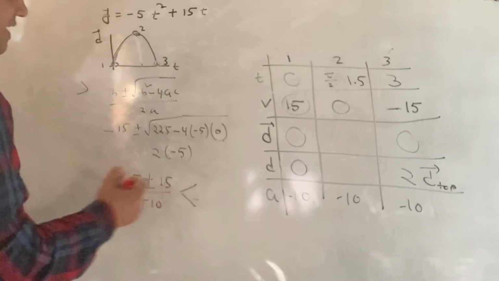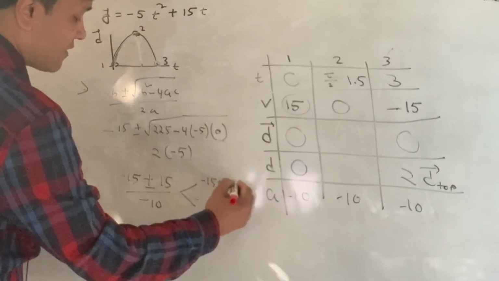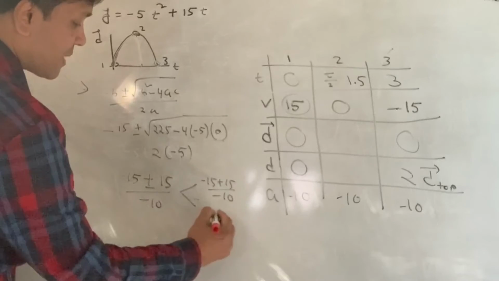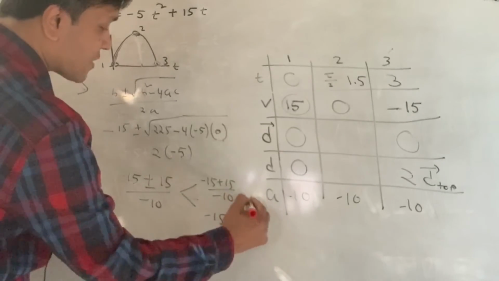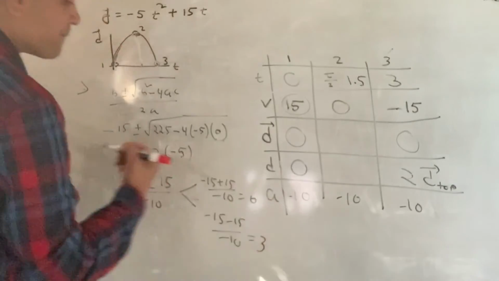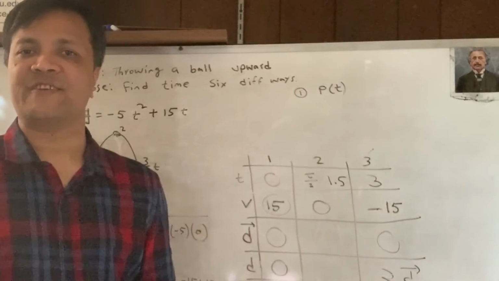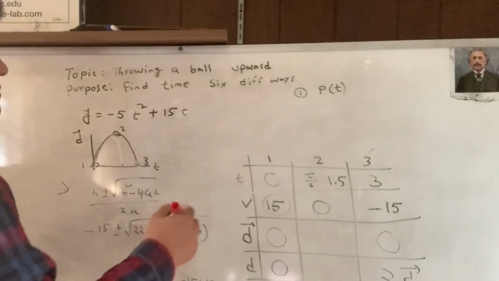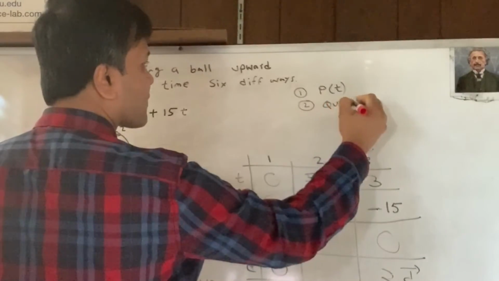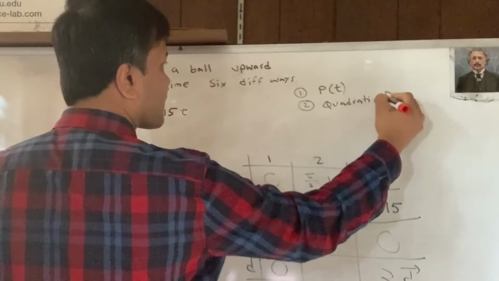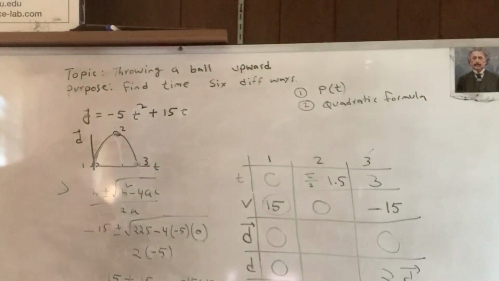This gives me 2 answers: minus 15 plus 15 over negative 10, and minus 15 minus 15 over negative 10. So this gives me 0 and this gives me 3. So I get the same answer. Yes, the quadratic formula gives us the same answer.